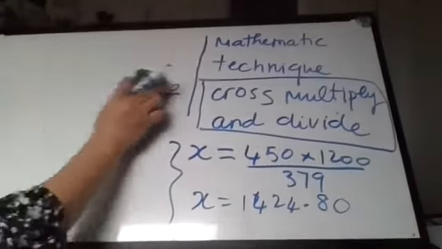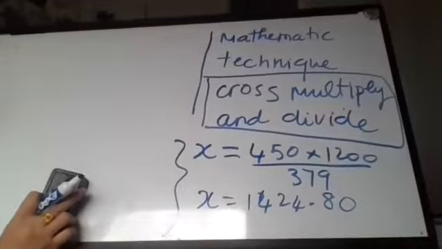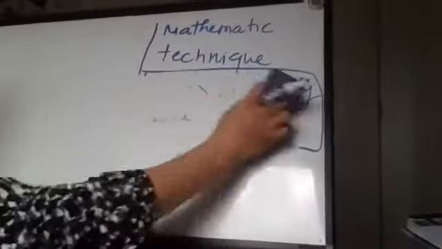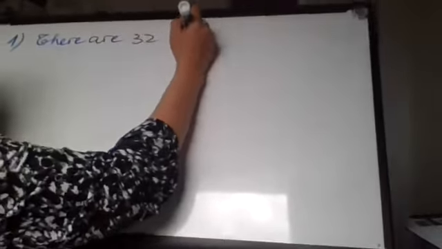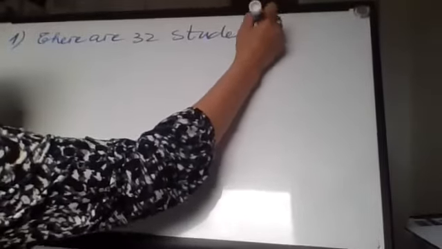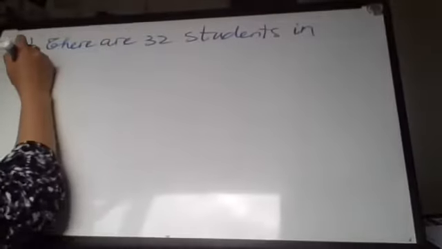So now I'm going to get into the word problem. This is just the technique of solving the ratio, which is cross multiply and divide. Now, let's say the first problem is: there are 32 students in a classroom.